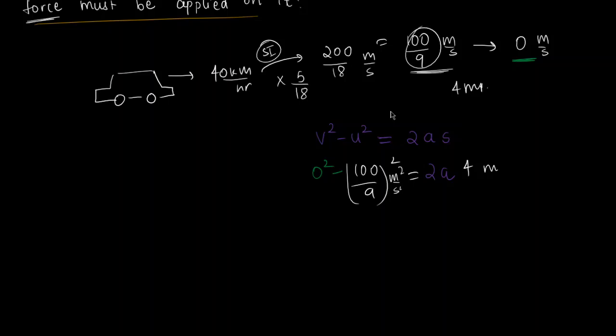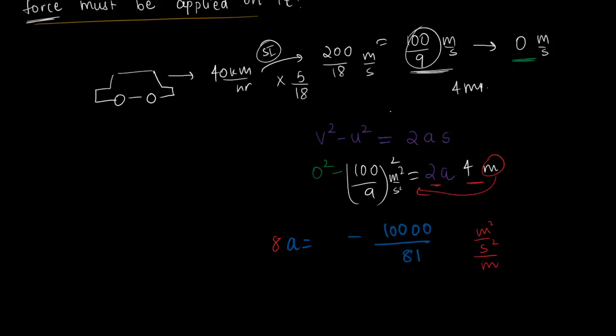And if you solve for this, you get a to be equal to negative of 100 squared, which is 10,000 over 81. And since there was this 2 and 4 here, you need to include 8 here. And the answer will be in meters per second squared over meters, this meter going there.